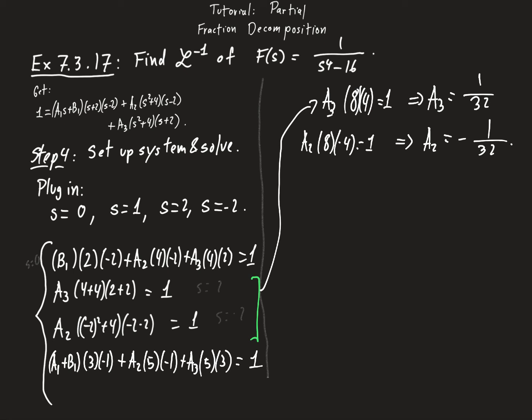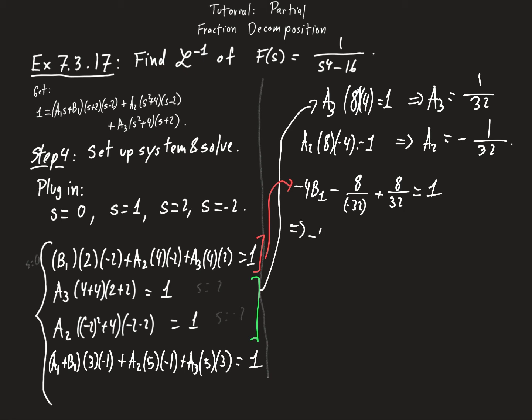So next, let's tackle that first equation. And let's plug in our values of a2 and a3 into this to get that we're going to have negative 4 times b1 minus 8 over, this is a2, negative 32. And then we're going to have plus 8 over 32 is equal to 1.